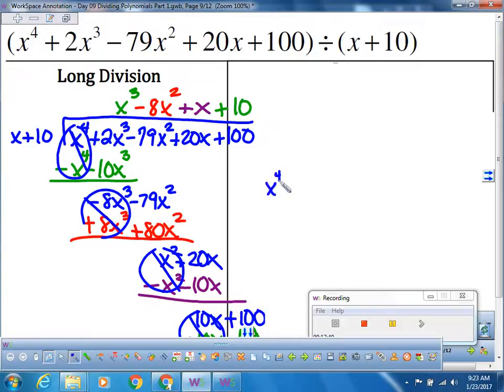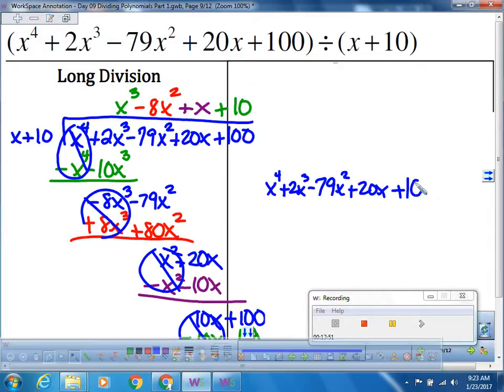X to the fourth plus 2x cubed minus 79x squared plus 20x plus 100 is equal to x plus 10 times x cubed minus 8x squared plus x plus 10.